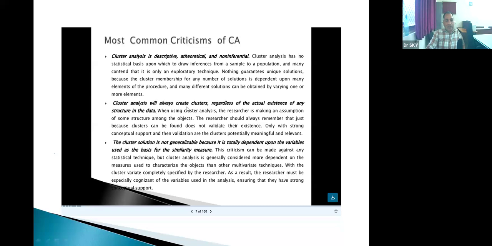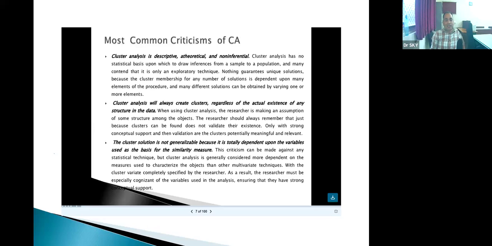So cluster analysis will always create clusters regardless of the actual existence of any structure in the data. Suppose the data has some structure, but even then we can make different clusters. Even if we wish to make 4 clusters, then it will make 4 clusters. If we wish to make 5 clusters, it will make 5 clusters. But actually there are only 3 clusters in the data, yet we can make 4 or 5.